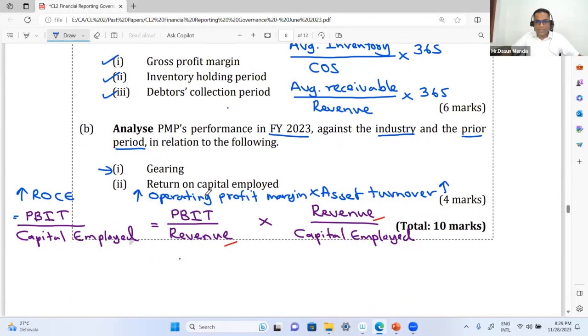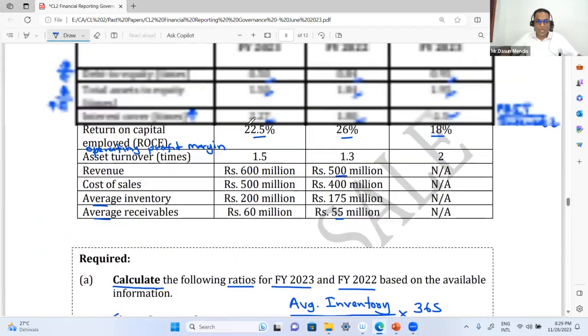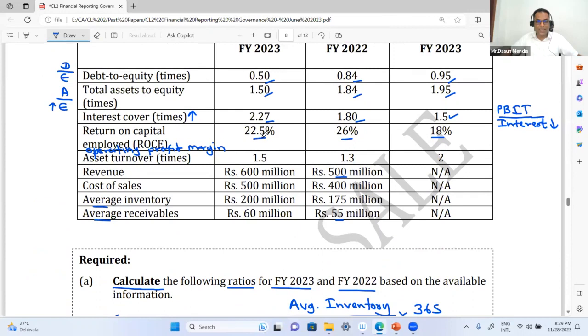You have been given the ROCE figure and the asset turnover figure, so you can easily calculate the operating profit margin. You take the return on capital employed, 22.5%, divided by 1.5. What is the answer? 15% is your operating profit margin.